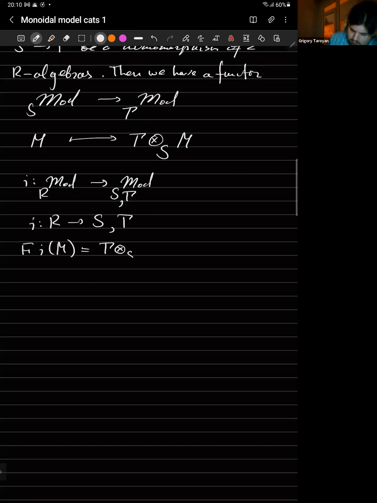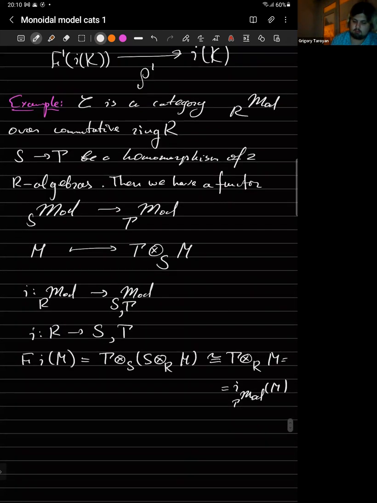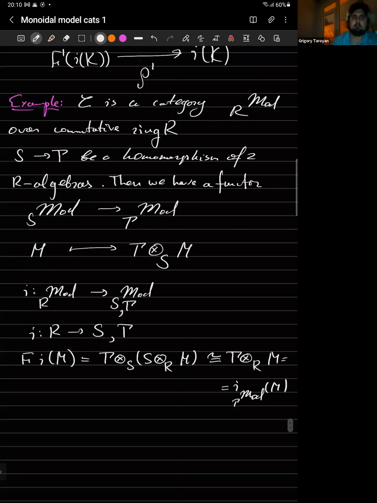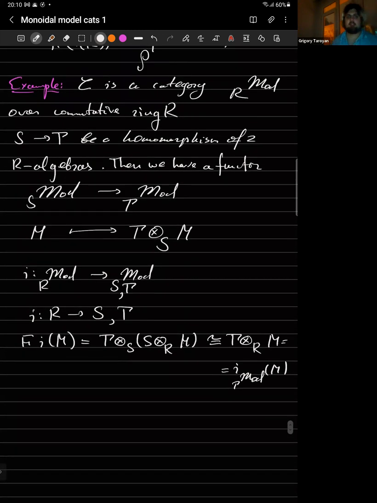So if we take this consecutive induction, we obtain something which is canonically isomorphic to T tensor_R M, which is precisely I mod T of M. So yeah, we have a functor of C algebras between these two categories. Is this example clear?